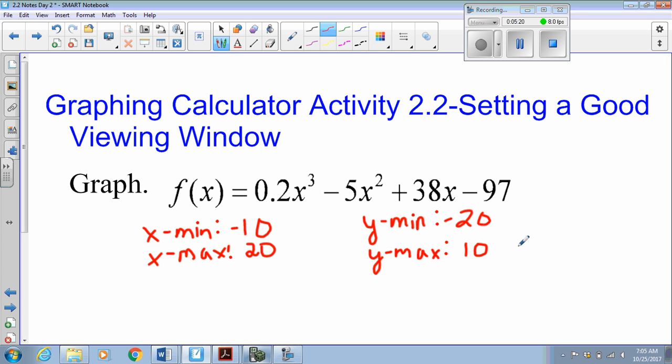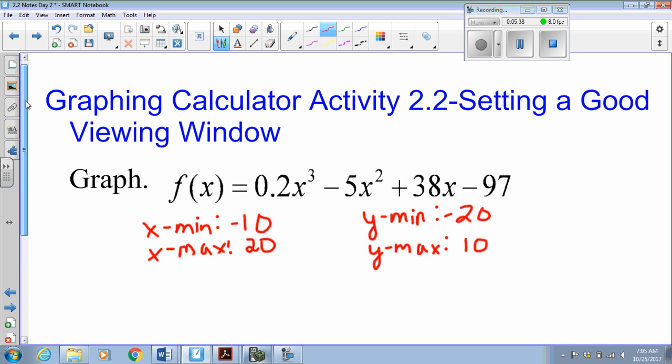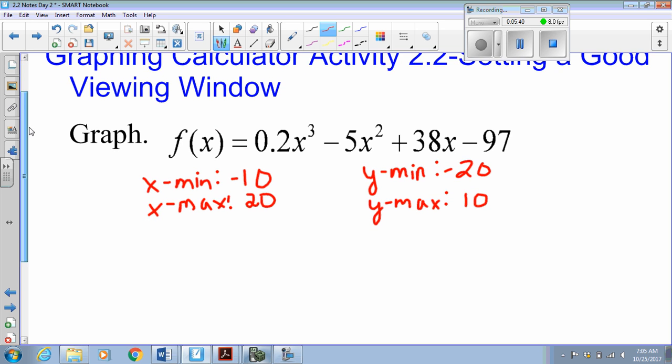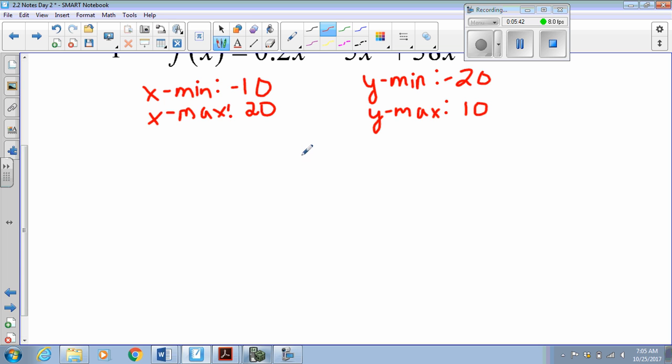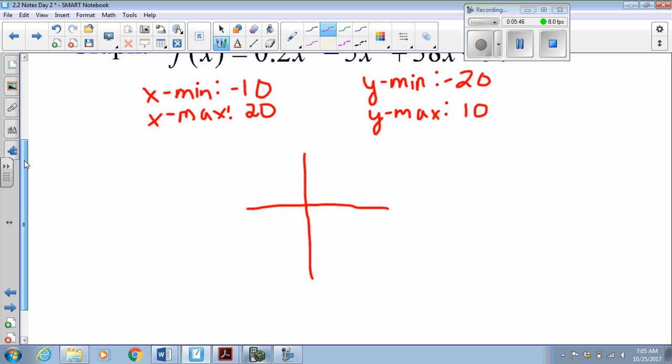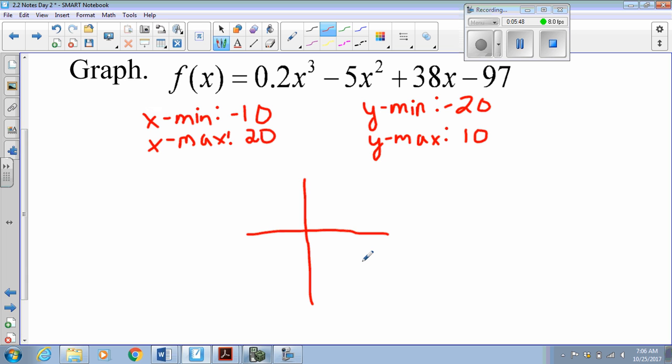So the first thing is you want to figure out your viewing window: your x-min and your x-max, as well as your y-minimum and your y-maximum. Once you know what that is, you write what your min and max are for both your x and y axis. The next thing you will have to do on your homework is sketch the graph of the function. Remember, sketching means it does not need to look perfect.